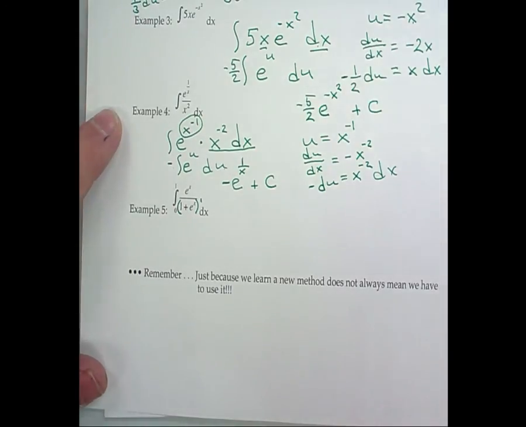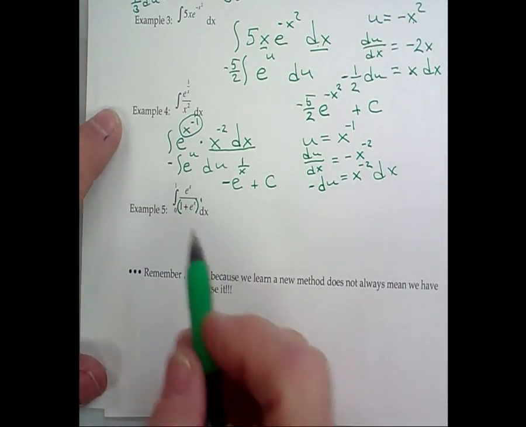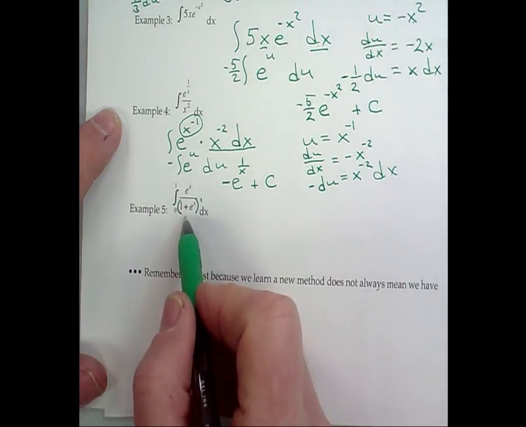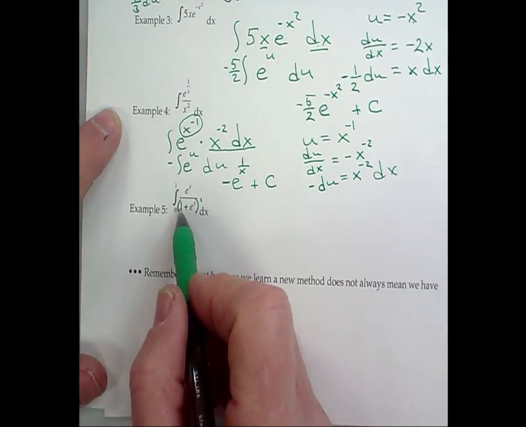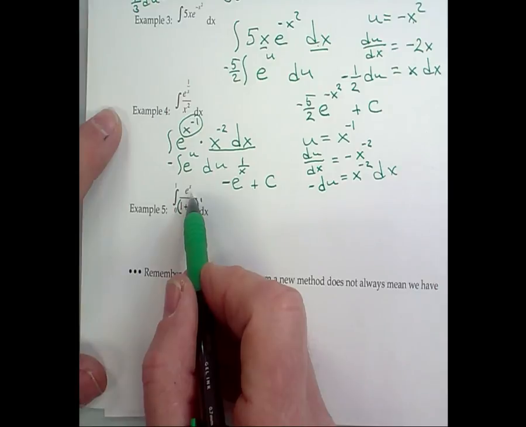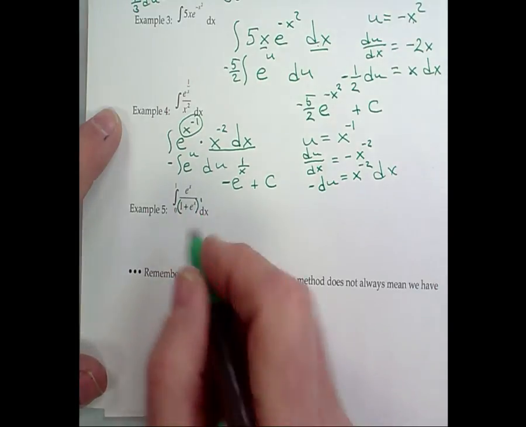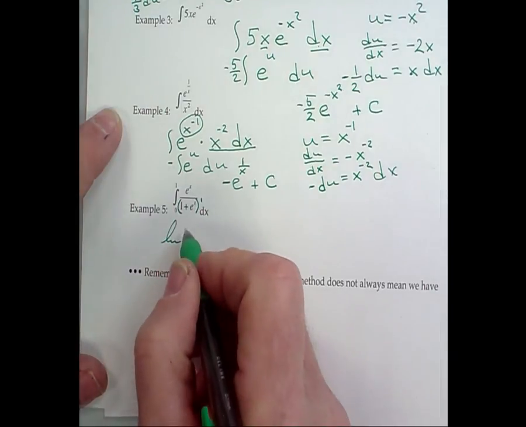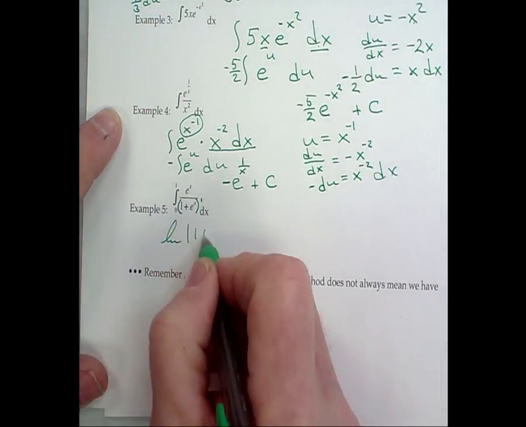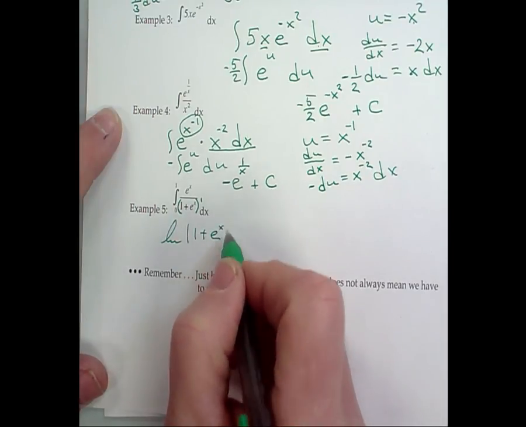Right, so if I'm thinking ln, what has to exist up here is the derivative of this thing, correct? Is the derivative of 1 plus e to the x simply e to the x? It is, isn't it? So I'm going to write the natural log of 1 plus e to the x. Would you agree with that, Sophia?